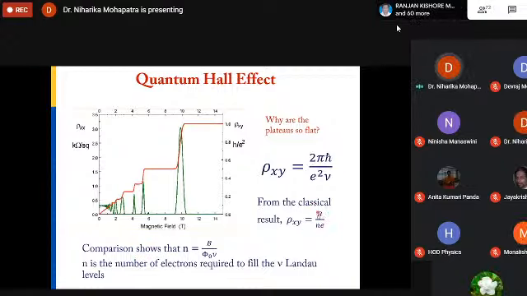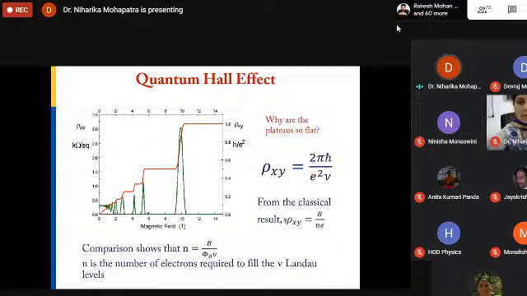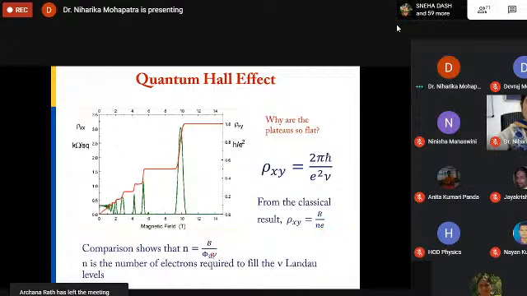Now if we compare this with our normal classical Hall result that we have obtained, rho xy equals B by n e, the comparison gives you n equals B by phi naught times nu. I'll explain this phi naught later on. This is basically a quantum flux. And nu is the number of Landau levels filled, n is the number of electrons required. I'll tell you briefly what this Landau level represents.